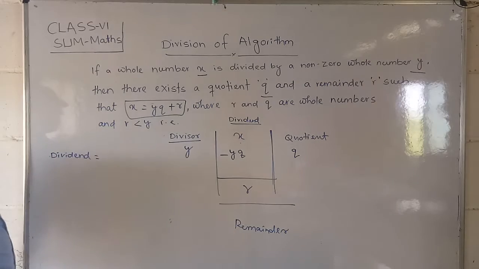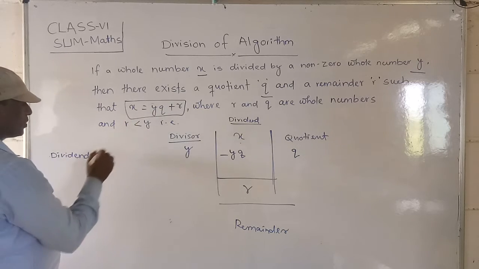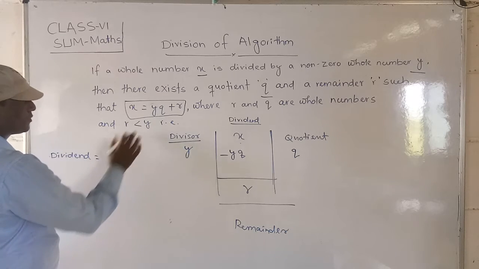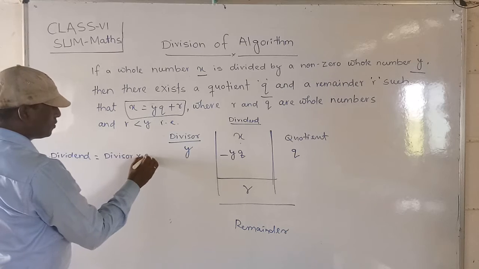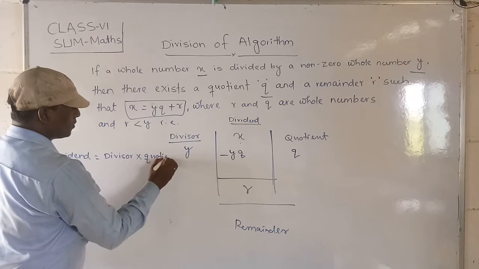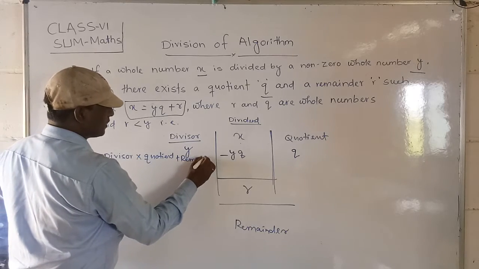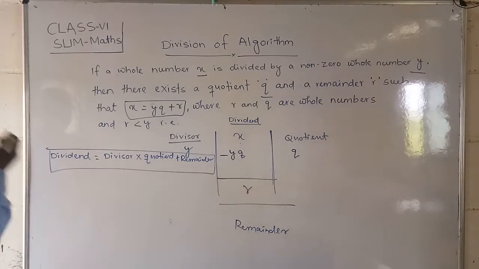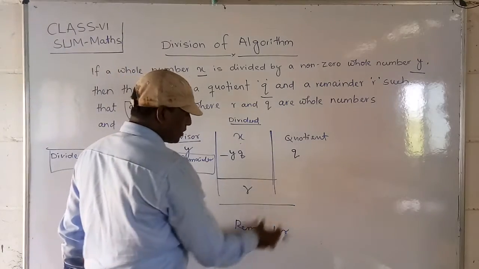Dividend is equal to yq, where y is the divisor, into quotient plus remainder. Okay friends, write this and remember the formula: dividend is equal to divisor into quotient plus remainder.